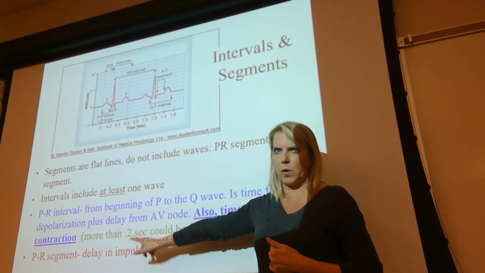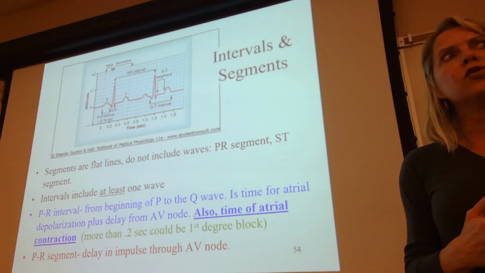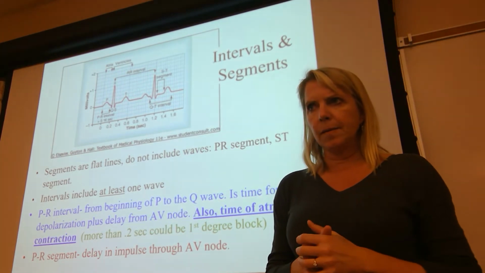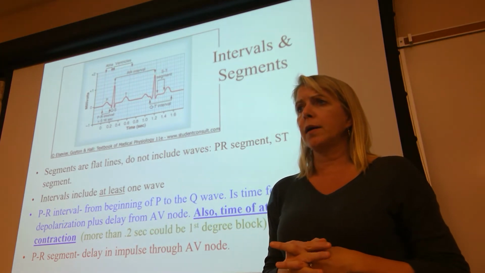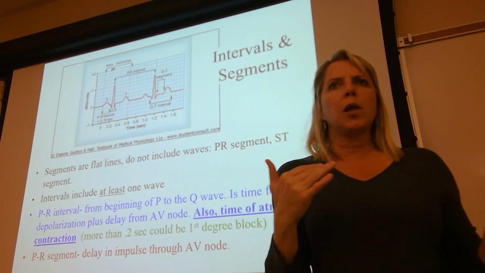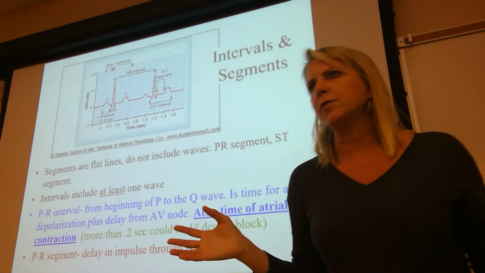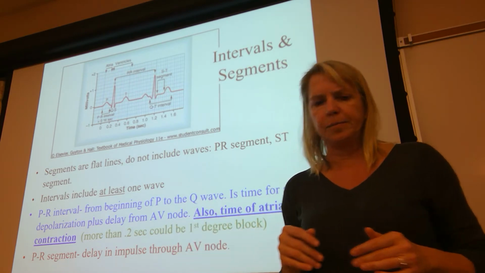If it is more than 0.2 seconds, another way of saying that is more than 200 milliseconds, it is suggestive of first-degree nodal block. And I will explain what the different degrees of nodal blocks mean. Just give me a moment. I'll get there eventually.